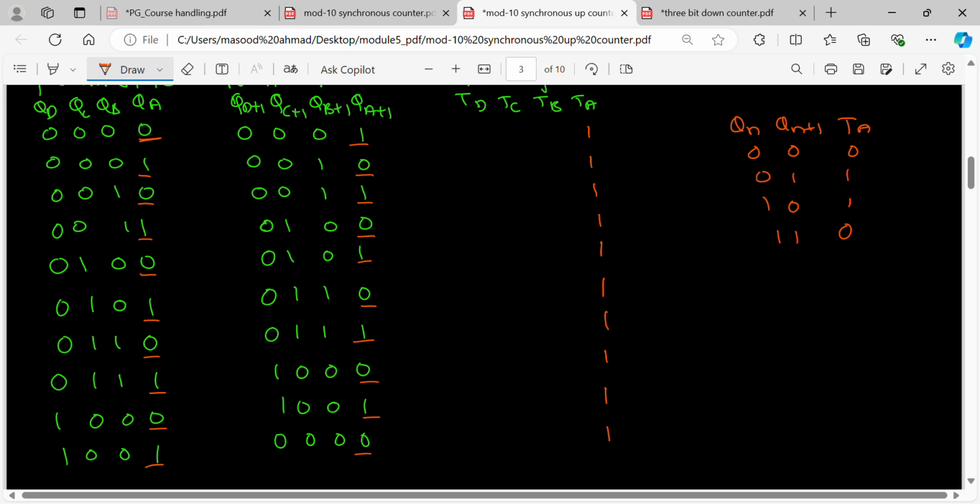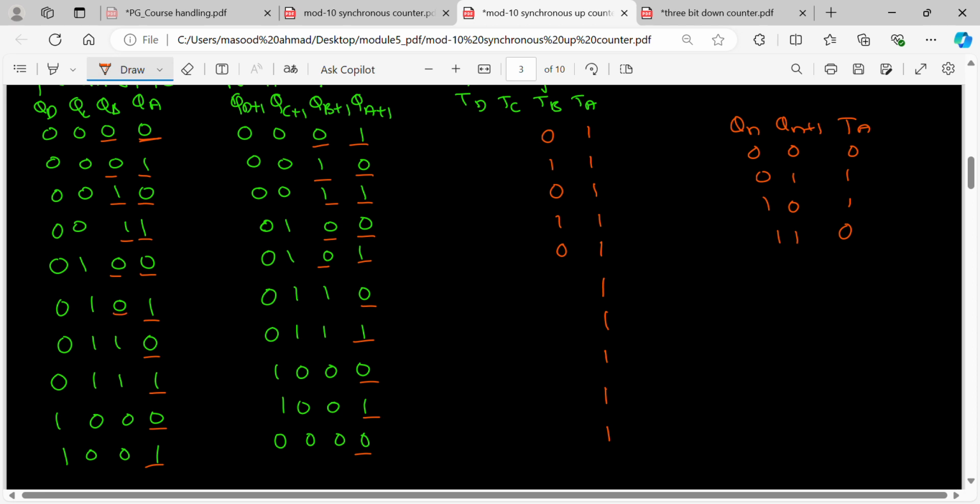Next you compare QB with QB plus 1. So 0, 0, no change, 0. 0, 1, it is 1. Right? Next 1, 1, no change. 1, 0 is 1. So 0, then 1. Next 0, 0, no change.